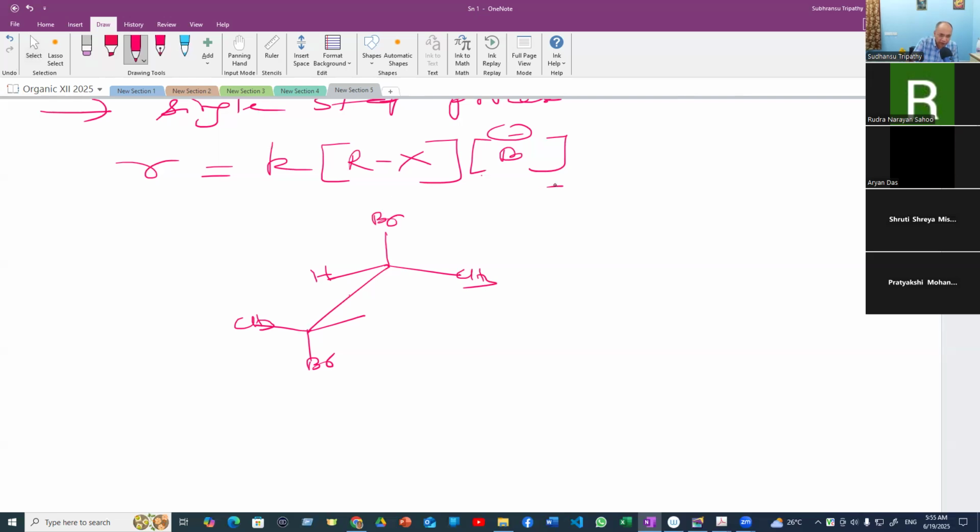So when you carry out debromination, minus Br2, can you tell me what reagent you take to carry out dehalogenation of a vicinal dihalide that we studied during the preparation of alkenes? Anyone?